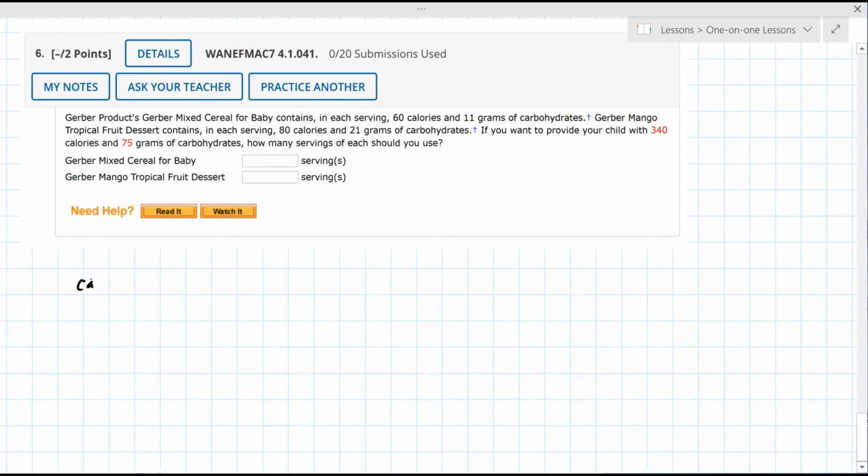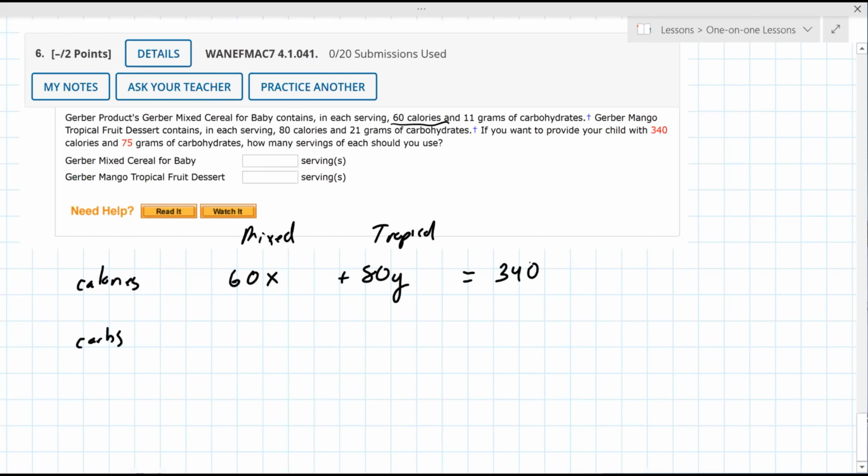We've got a calories equation and a carbs equation. So in the first one, it's 60 calories for Gerber, well, they're both Gerber, mixed cereal, and then 80 calories for the tropical, and that has to equal 340.